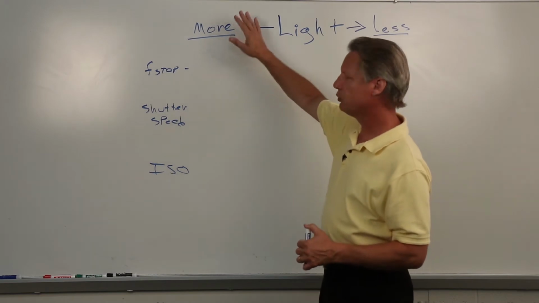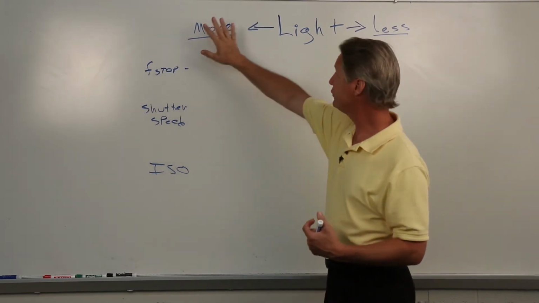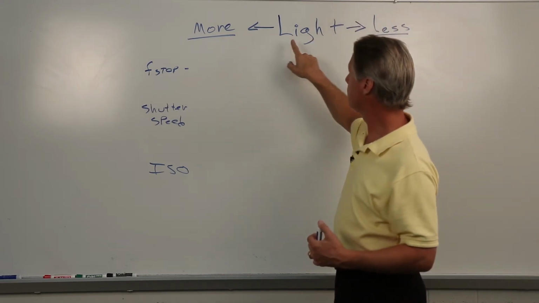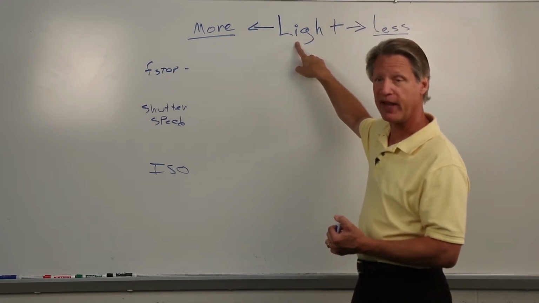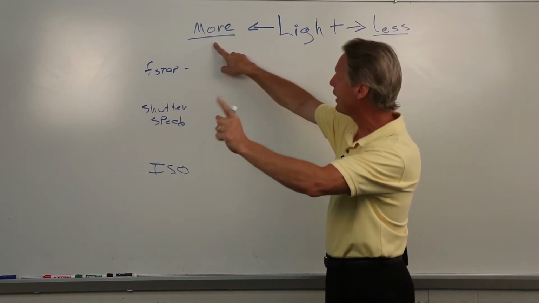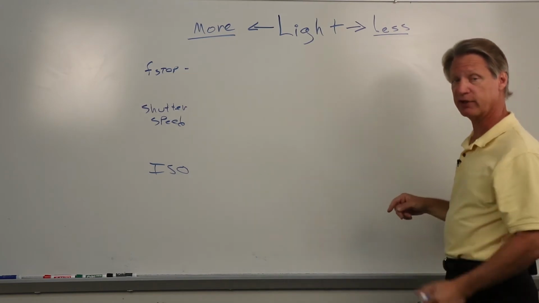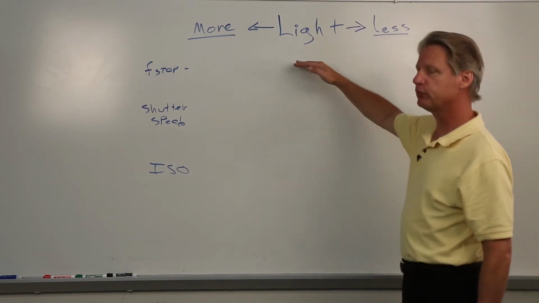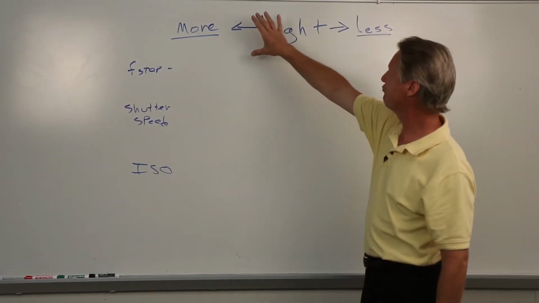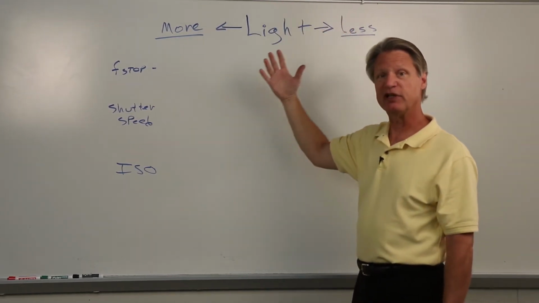What I want you to do is write a little chart and follow along with me, and write this out at the top of a page. Put light at the very top of the page, put an arrow and put more light to the left, and put an arrow and put less light in this direction. As we go through this today, always refer to the top of this chart as it relates to light.